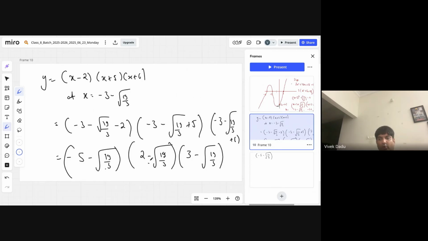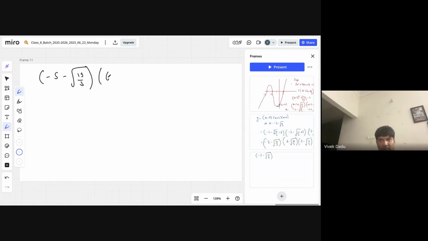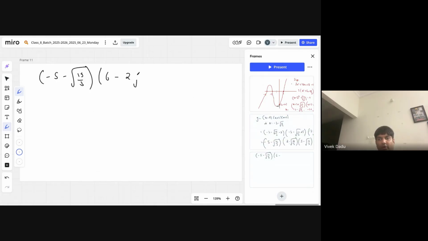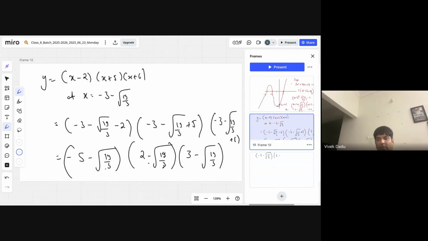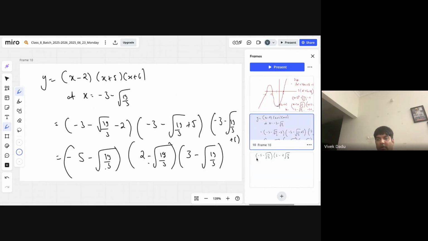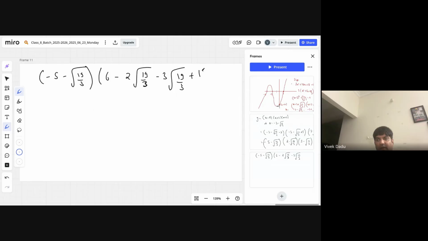Can you multiply 2 into 3? Minus 2 into root, minus 3 into root, plus 19 by 3.